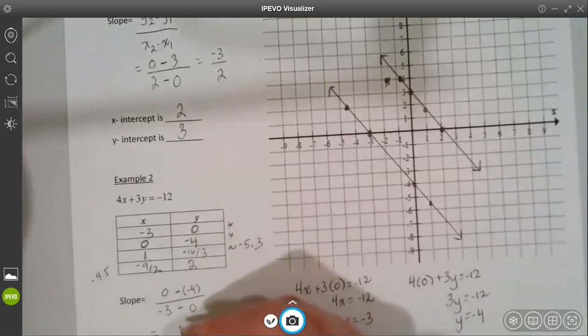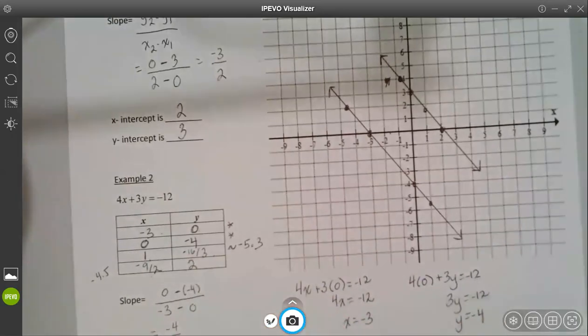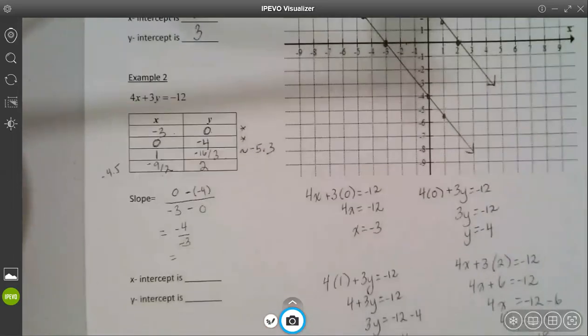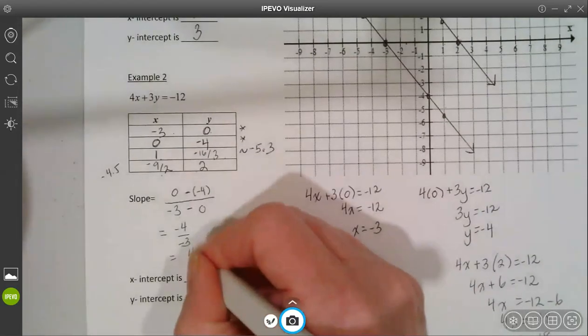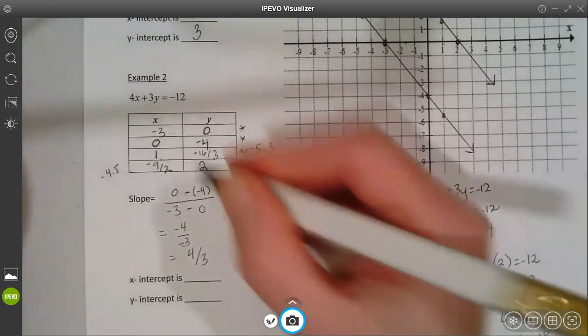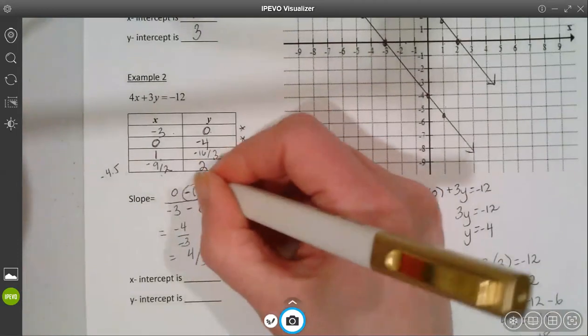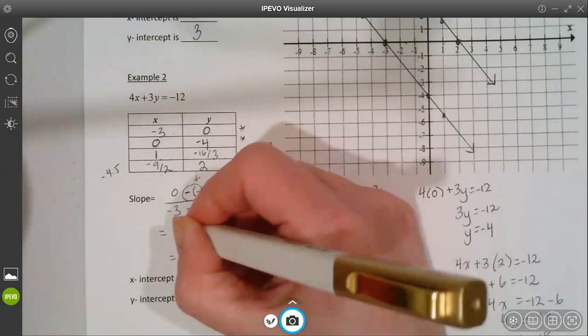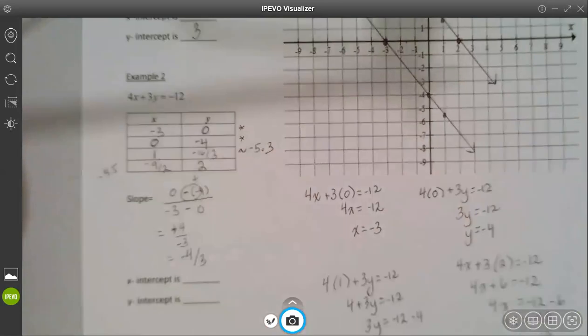So when you clean this up, you get negative 4 over negative 3, and a negative over a negative gives us a positive. So we do have a positive slope. Now let's double check that. There is a mistake there. These 2 negatives make that a positive. So in fact, we do have a negative slope, negative 4 over 3.